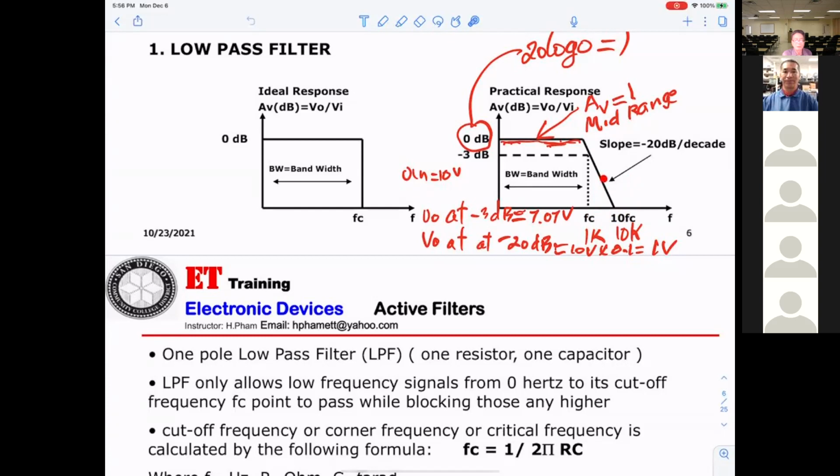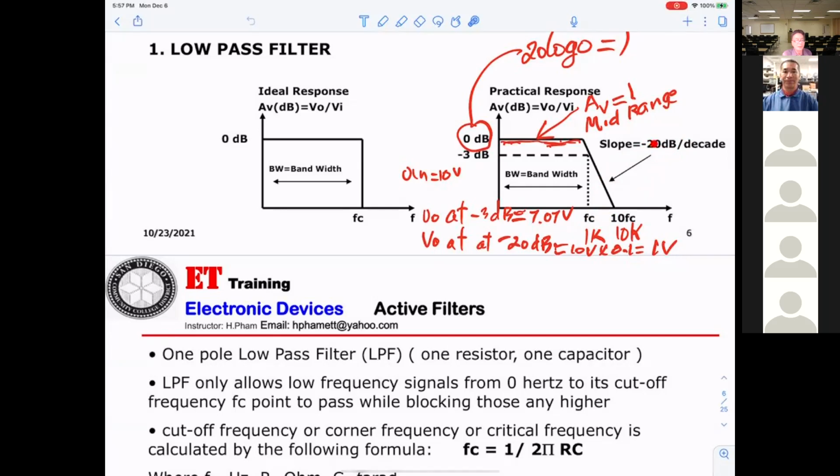If you want to calculate the output at 10 kilohertz, FC equals 1K. One decade means 10 times 1K, 10 kilohertz. And they go down minus 20 dB.